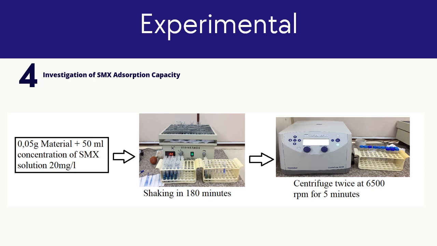Sulfamethoxazole solution was prepared at various concentrations, about 20 mg per liter, and 50 ml of each solution was added to each triangular flask containing 0.05 gram of the absorbent material. The mixture was stirred for 180 minutes.